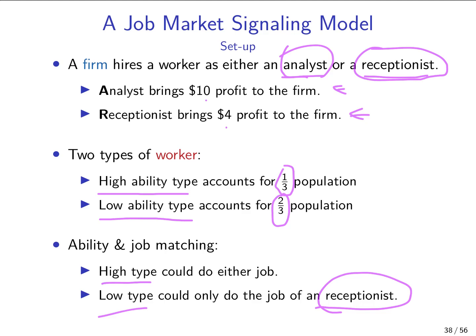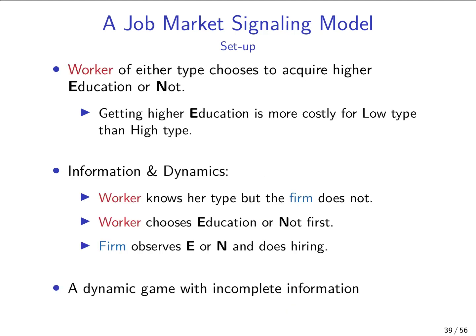So the firm may want to learn about the ability of the potential worker. But there's an information asymmetry there. The worker knows her type, but the firm does not.